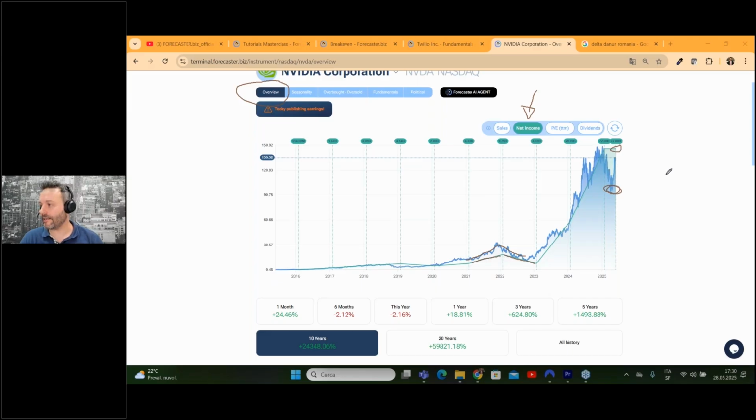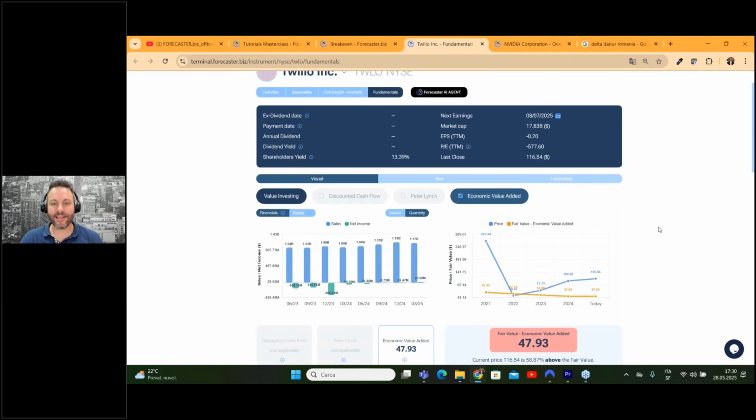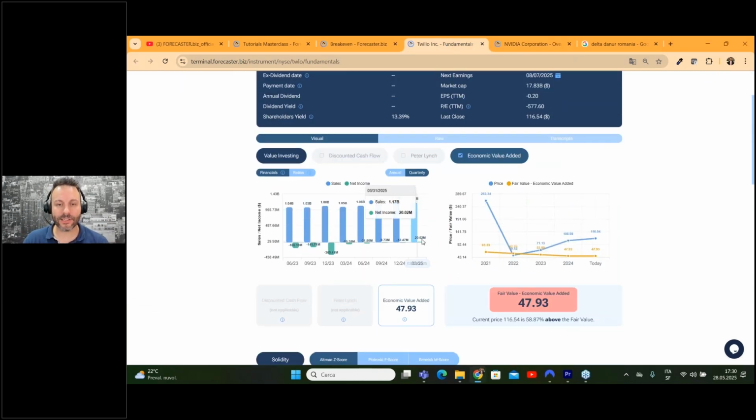And this is why we have huge opportunities when the prices go very far from the net income line. At the same time, this is why we can find very interesting stocks when they turn in profit, because in the long run, companies start to rise in the stock market when they make money.